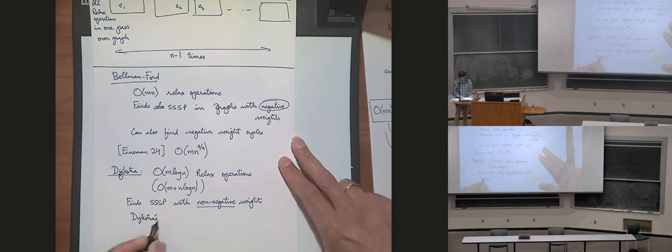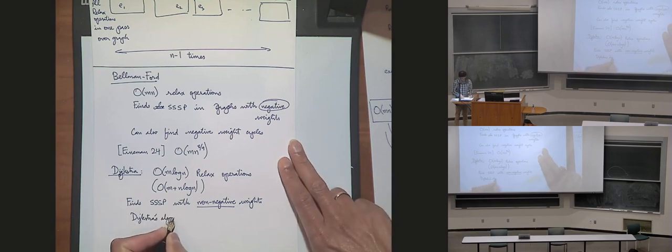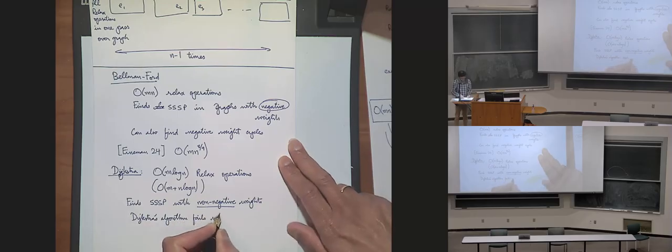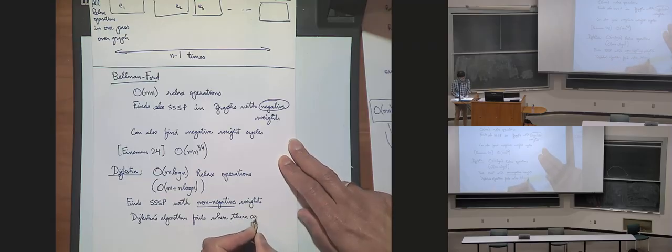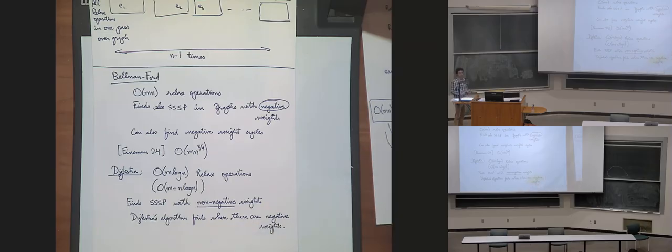Dijkstra's algorithm fails when there are negative weights. This is really important. Construct an example. It's not that difficult. You can construct an example with just a few vertices where Dijkstra is going to fail.